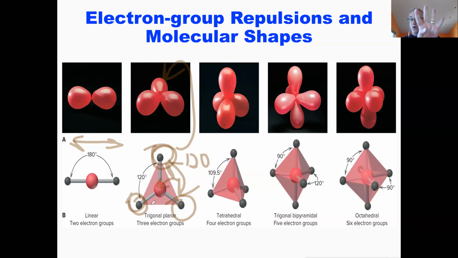If there are 4 regions, then you start to get 3-dimensional shapes. You start to get a tetrahedral shape, like a tent. And these are all angles between the different atoms. So this is the angle between an atom on the outside, the atom in the middle, the central atom, and another atom on the outside.